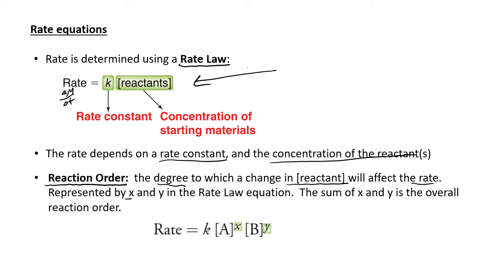We represent these as exponents, x and y, in our rate equation. The sum of these is called the overall reaction order. So if x equals 1 and y equals 1, then the overall order equals 2.